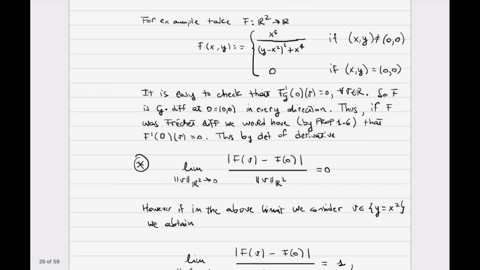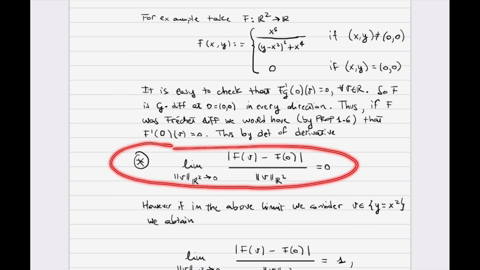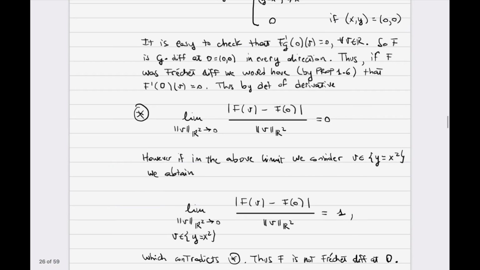And by definition of Fréchet derivative, this means that the limit as v goes to 0 of f of v minus f of 0, here we are just taking u0 equal to 0, and by definition f of 0 is equal to 0, is 0. Since we're assuming that f has to be Fréchet differentiable, this has to hold, so this has to be 0.